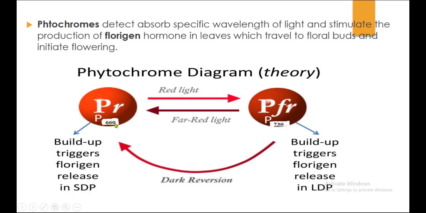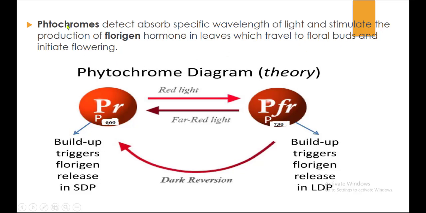You can also remember it with the wavelength. The phytochrome having the shorter wavelength is important for short day plants, and the phytochrome having the greater wavelength is necessary for long day plants. You can remember it in this way. The phytochromes detect and absorb specific wavelengths of light and stimulate production of a hormone, floragen, in leaves, which travels to the floral buds and initiates flowering.